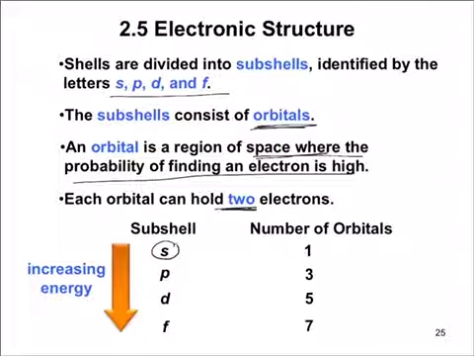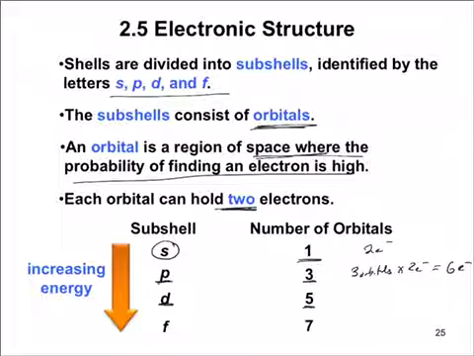In the S subshell, there is 1 orbital. That means the S subshell can hold 2 electrons. The P subshell contains 3 orbitals. Now, each of those orbitals can hold 2 electrons. So 3 orbitals times 2 electrons each equals 6 electrons.